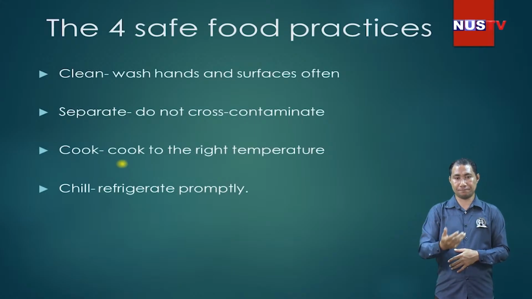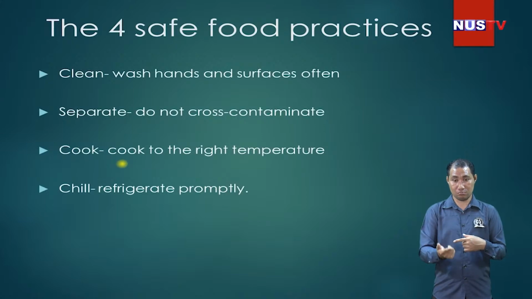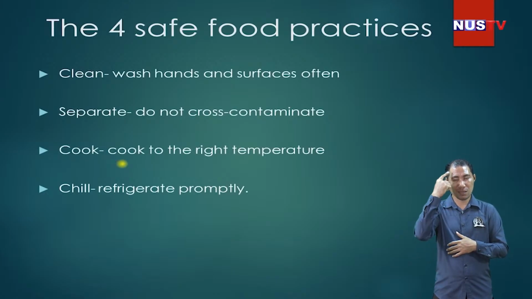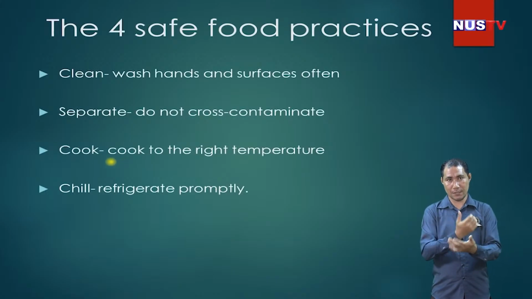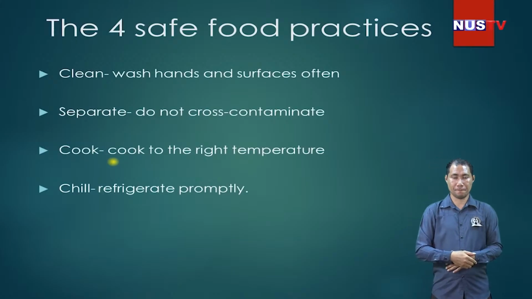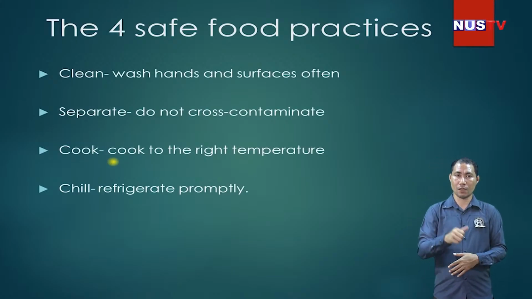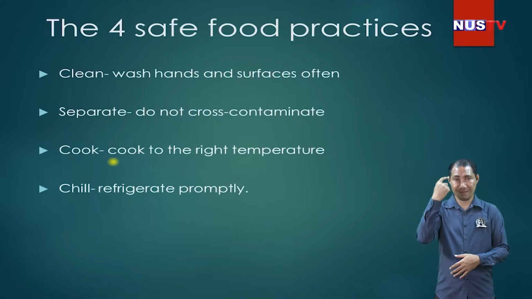Alright. With all those aspects of personal hygiene and safe food practices, let's think of a way to guide us in order to maintain food safety. You can think of your own way.